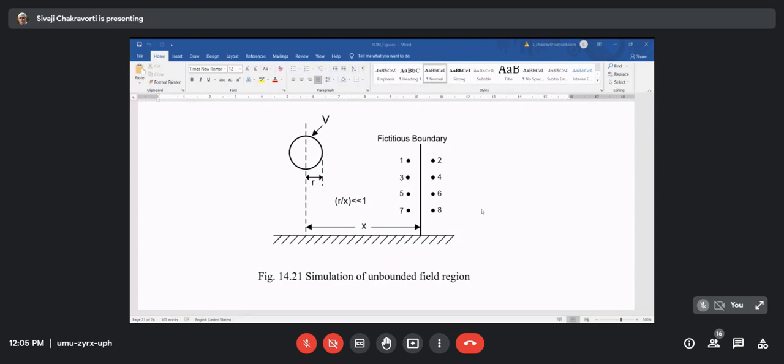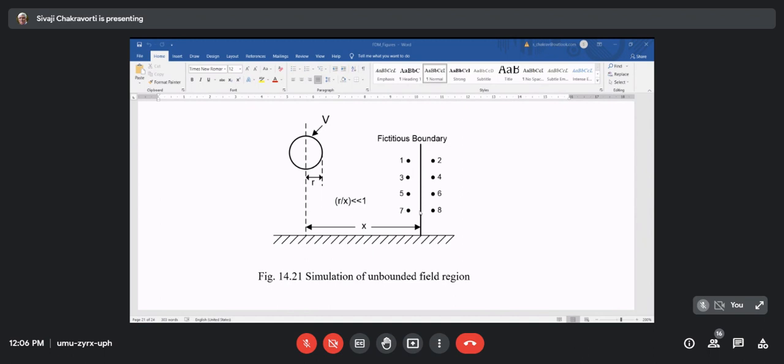Now what does that mean? It means that if I have a vertical boundary line, and if I take two points, 7 and 8, on both sides of this boundary, since the potential variation is almost parallel to the x-axis, I can say the potential V7 will be equal to V8. So we are bringing in a fictitious boundary condition. There is no boundary here. We are bringing in the boundary and saying that on both sides I have two nodes having the same potential.